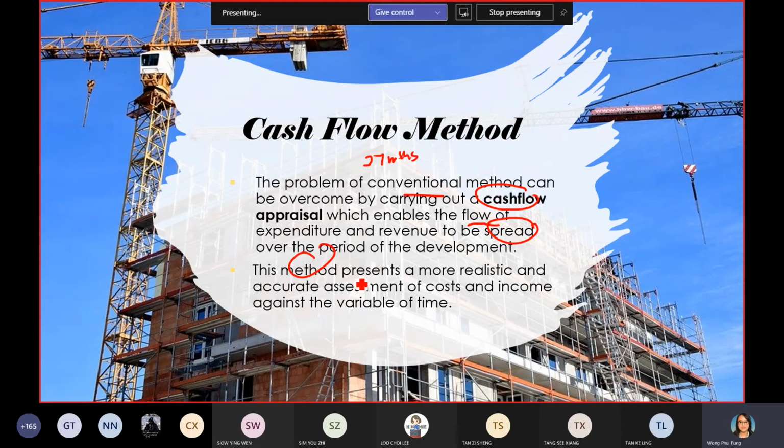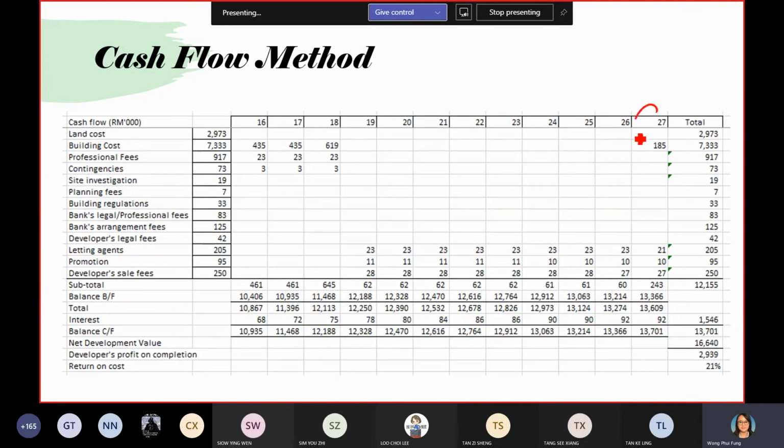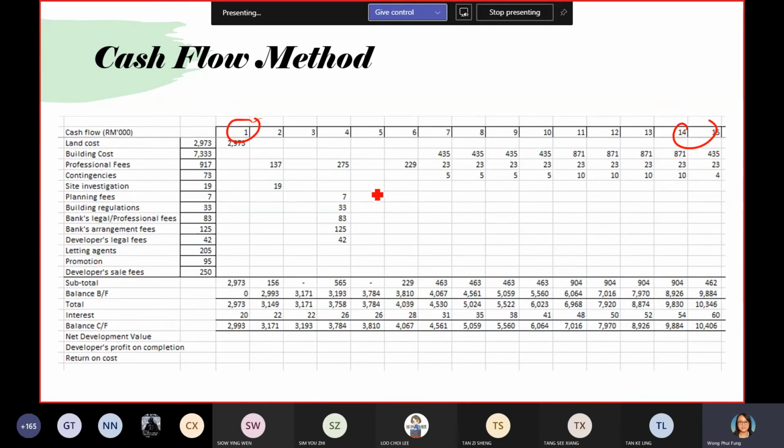So the in and out you can see more clearly on the cash flow appraisal. This method presents a more realistic and more accurate cost and income over a different timeline, just like this slide. So this is what we call the cash flow method. You can see that I break it down into different months, up to 27 months. In different months we need to pay different costs.